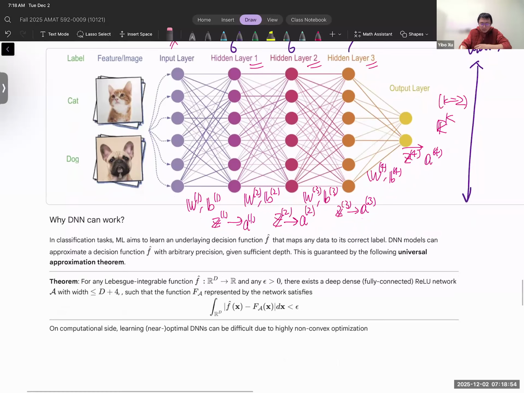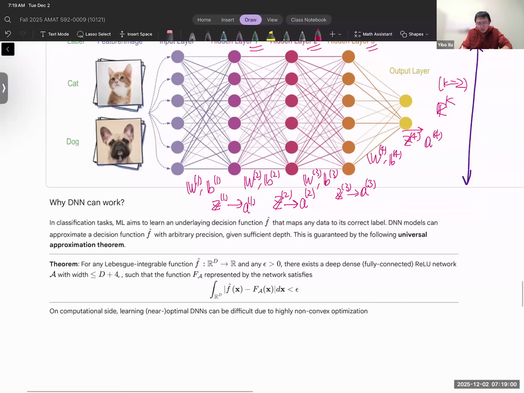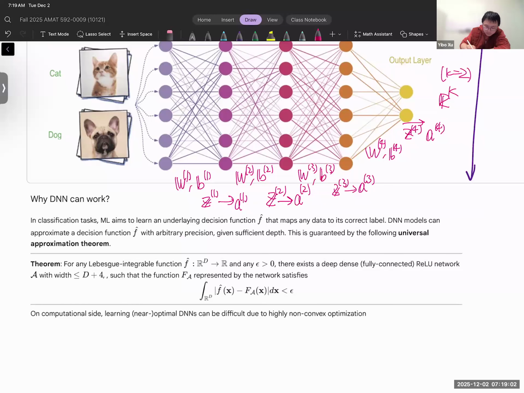So why does the deep neural network work? Essentially, what do you want? You try to learn some decision function. This underlying decision function f hat you want to somehow estimate.